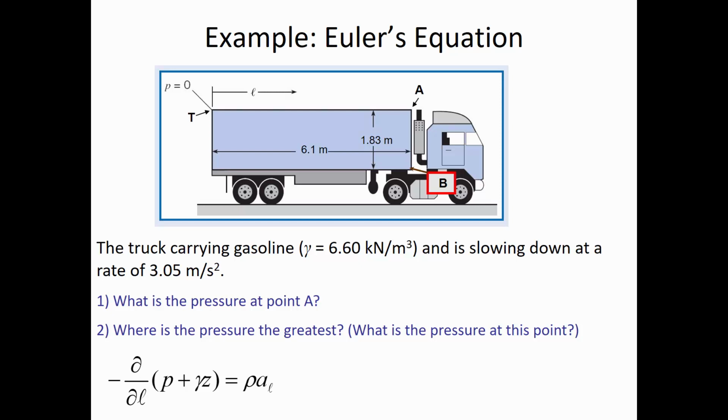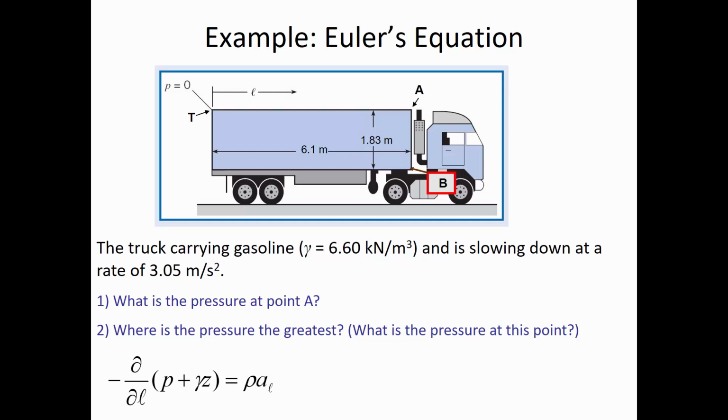So remember how Euler's equation expands: the pressure at 2 plus gamma Z2, minus the pressure at 1 plus gamma Z1, is equal to negative delta x times density times acceleration in x. So what do we know? We know the pressure at T, and we want to find the pressure at A. So P2 is the unknown.